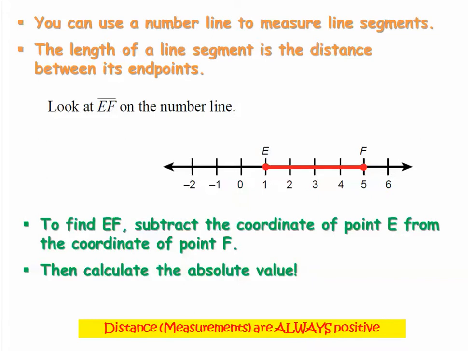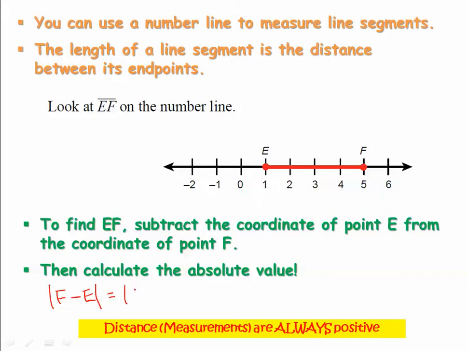So let's look here. So if I'm going to subtract the coordinate of point E from F, so I'm going to say F minus E, and remember I'm going to be getting its absolute value.